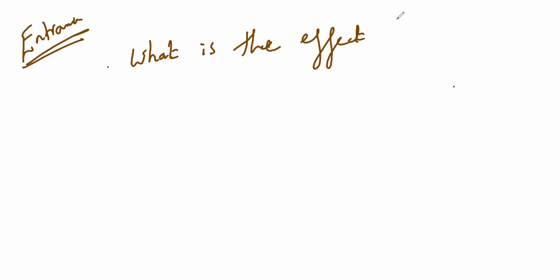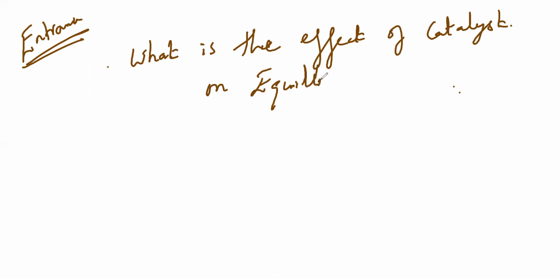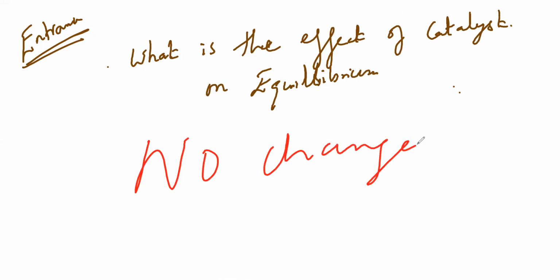Catalyst usually means it increases the rate; those which decrease the rate of reaction are called poisons. So what is the effect of a catalyst on equilibrium? They'll give four options to confuse us. The answer is no change in equilibrium, or equilibrium remains constant.